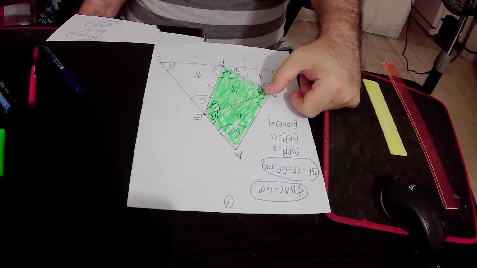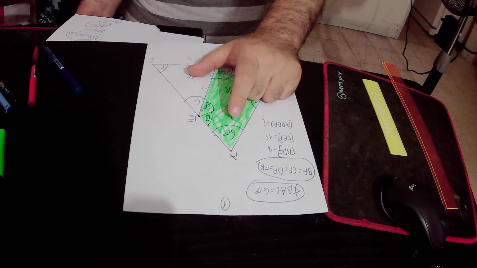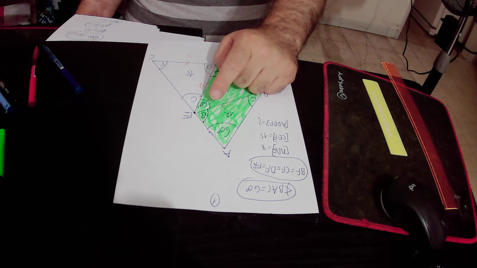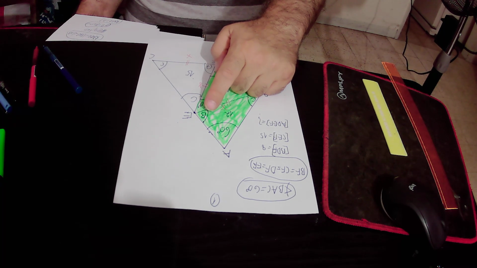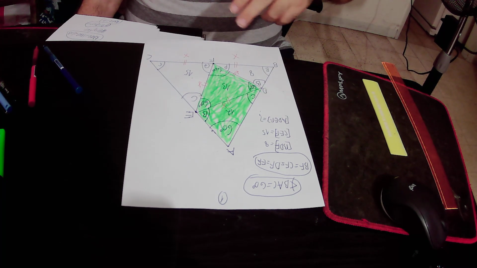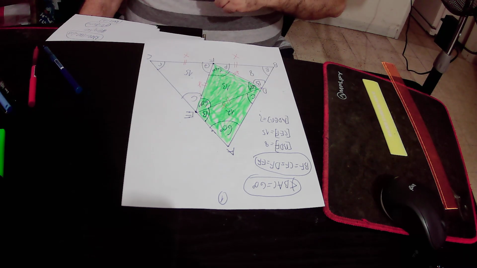By solving this equality, we found out that this angle equals C. And we also know that AC is a straight line, therefore C plus 60 degrees plus the size of this angle must be equal to 180 degrees according to rule number 2. And after solving this equality, we found out that this angle equals B.